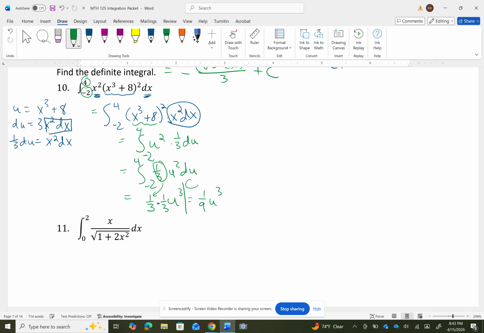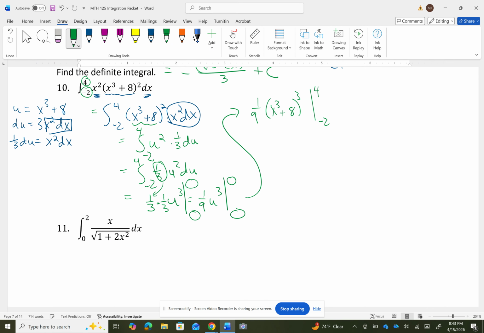So I do have some limits here, but they're not -2 to 4. So wait to plug in on that. You could just leave them open like that and wait to plug in until you get back to your x's. So once I get that x to the third plus 8 back in there, then I can put the -2 to the 4 back on.